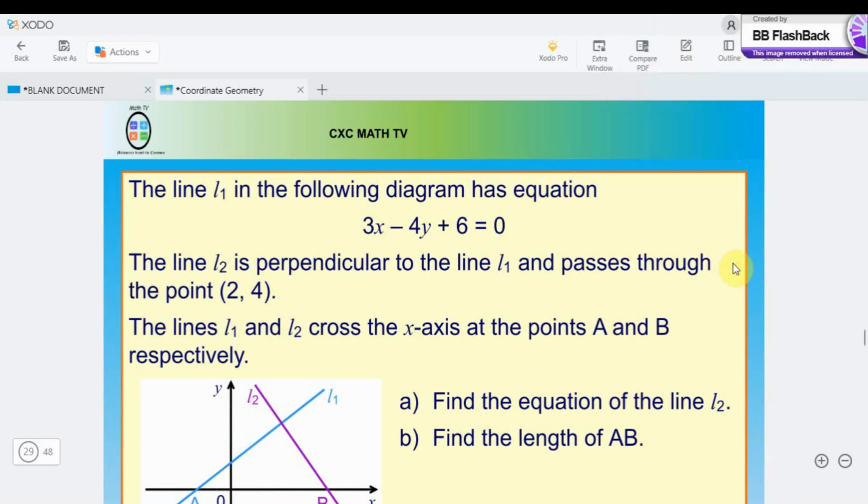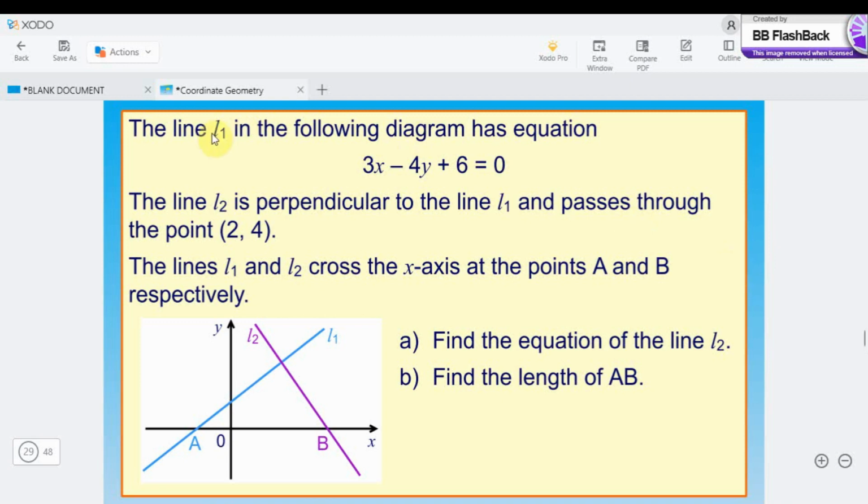So here's another question now. They tell us that the line L1 in the following diagram has equation 3x minus 4y plus 6 equals 0. The line L2 is perpendicular to L1 and passes through the point 2, 4.